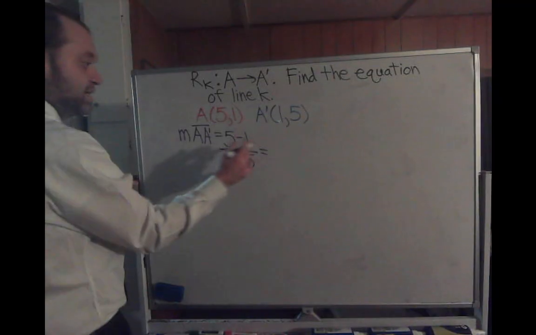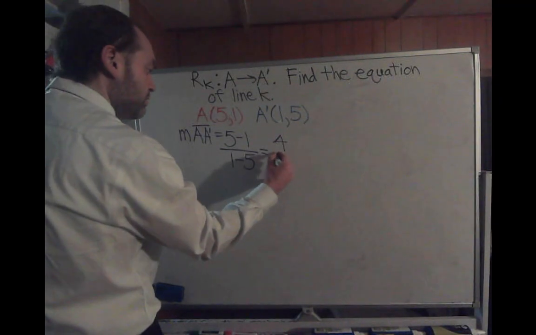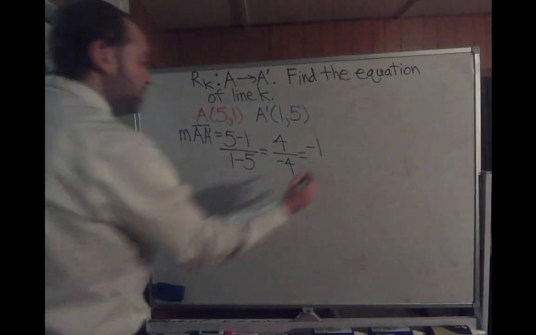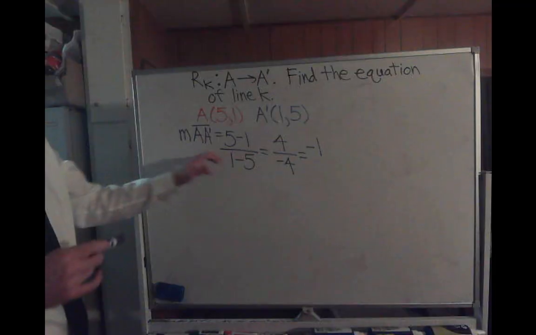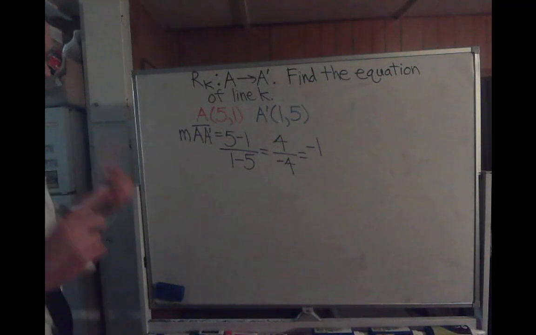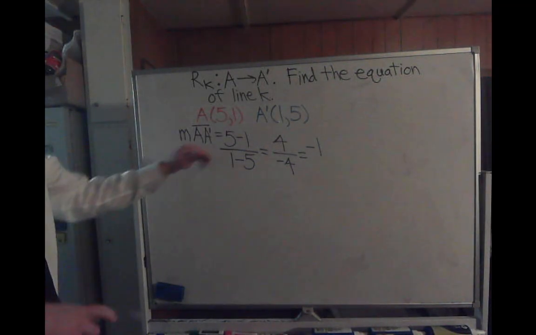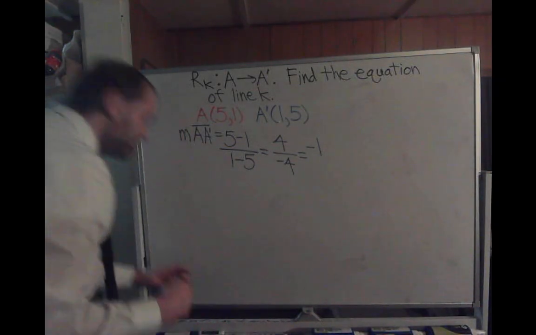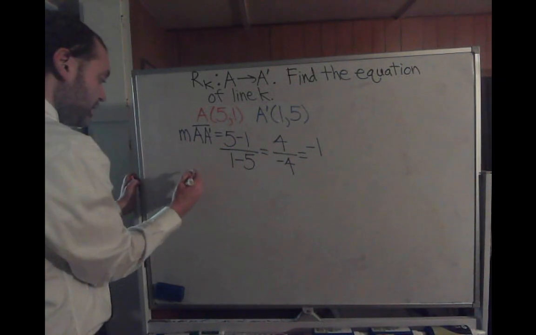That gives you 4 over negative 4, which is negative 1. So you have a slope of negative 1 for the line. Once we've found the slope, let's find the midpoint of those 2 points, because the perpendicular bisector runs through there.